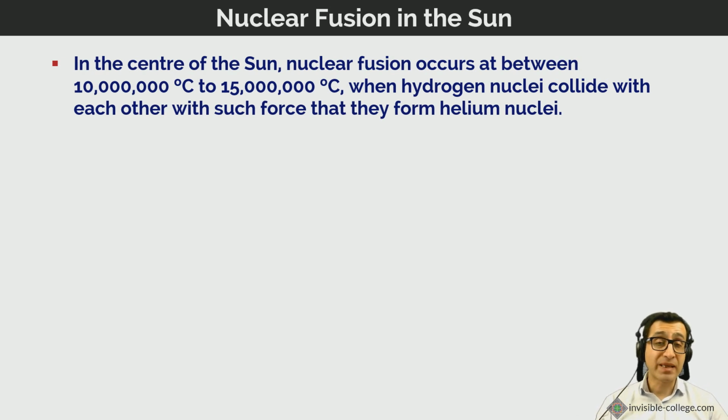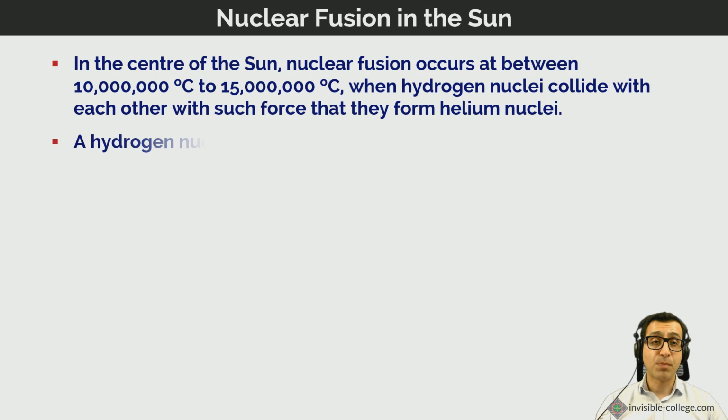Now at these incredibly high temperatures, the hydrogen nuclei in the Sun are moving extremely rapidly, and when they collide with each other, they collide with such force that this overcomes the repulsion between those positively charged nuclei and allows them to join together under the influence of the nuclear forces. And so this can cause hydrogen nuclei to form helium nuclei.